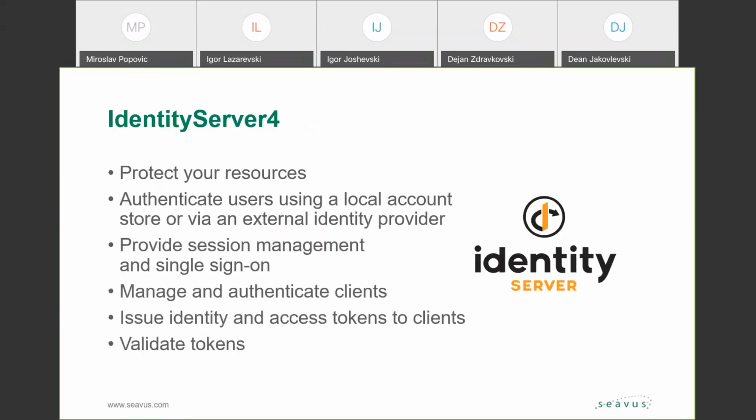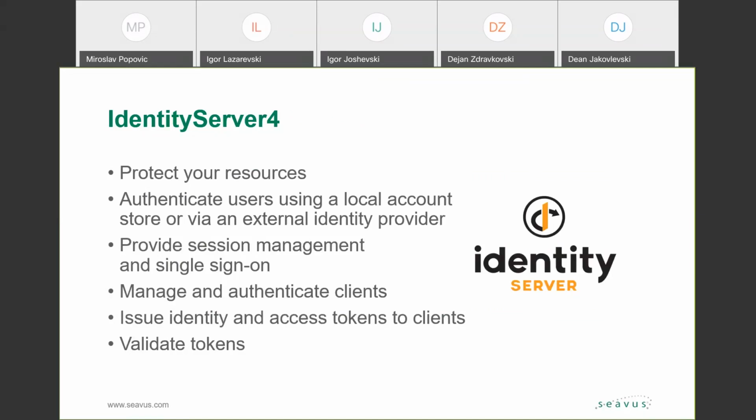And the next thing is Identity Server 4. Identity Server 4 is a server which protects your resources. It's built as ASP.NET Core middleware, and you can just add it to any ASP.NET Core application to enable it to generate tokens for clients to use for accessing resources.